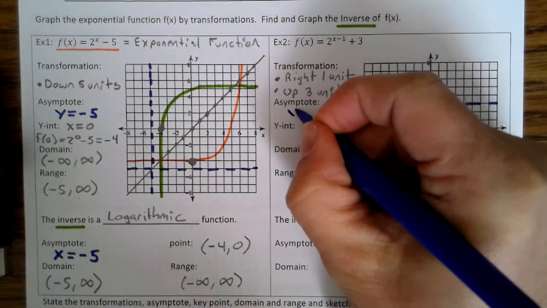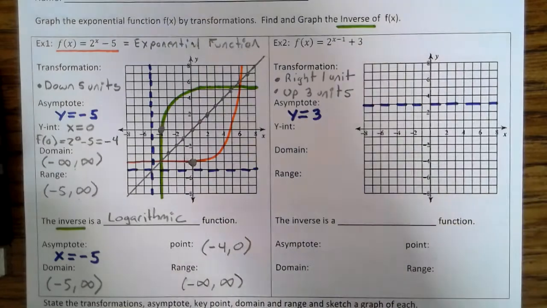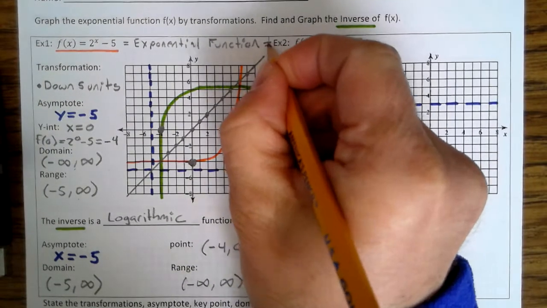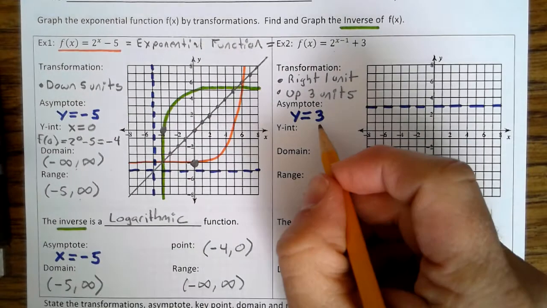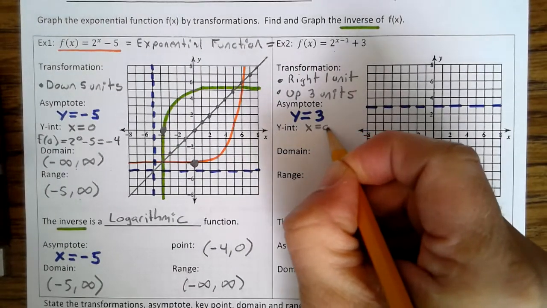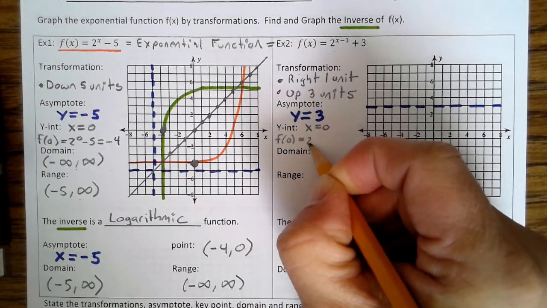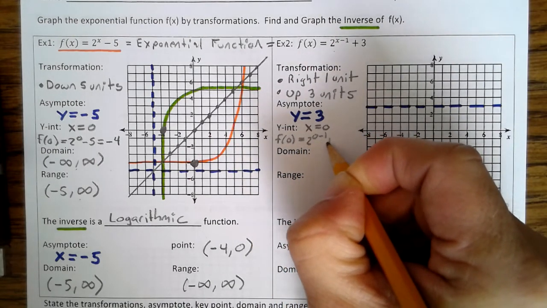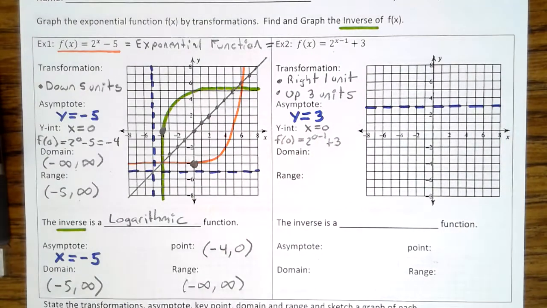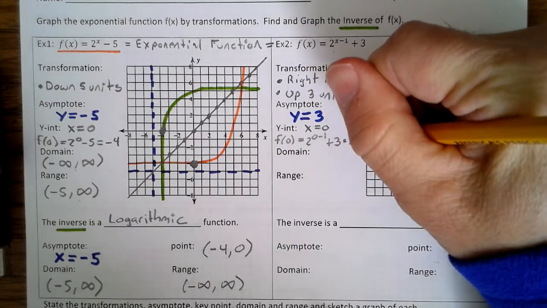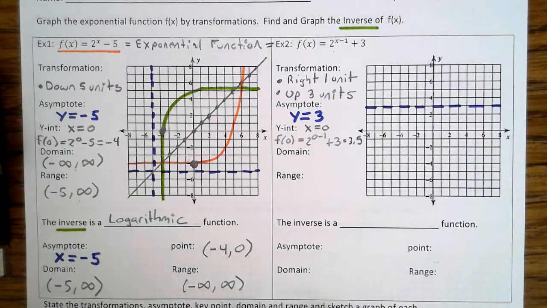Now, for the y-intercept, by the way, these are both exponential functions, is when x equals 0. So f of 0 equals 2 to the 0 minus 1 plus 3, which equals 3.5. So your y-intercept is (0, 3.5), which is here.